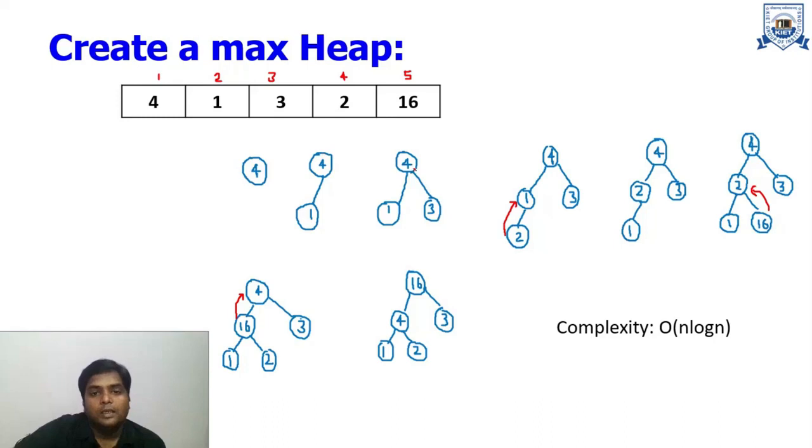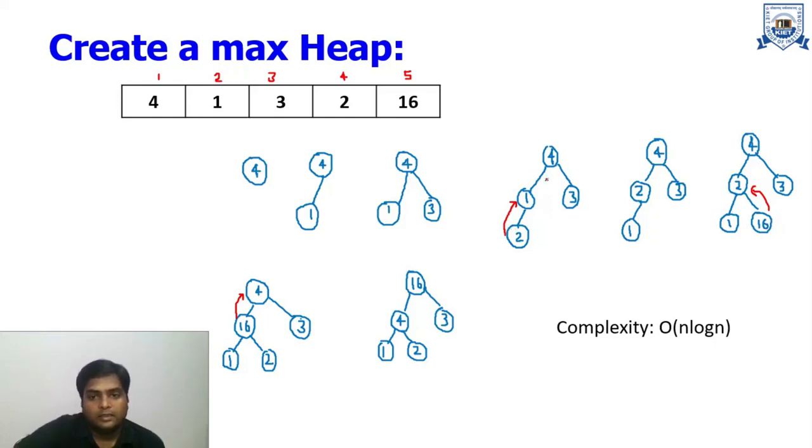Next 3, so 4, 1. Right now we don't have any left space, so we put 3 over here. Next is 2. Now this level 1 is completely filled, so this 2 will move to the next level. But it must be as far left as possible, so 2 is the left child of 1.